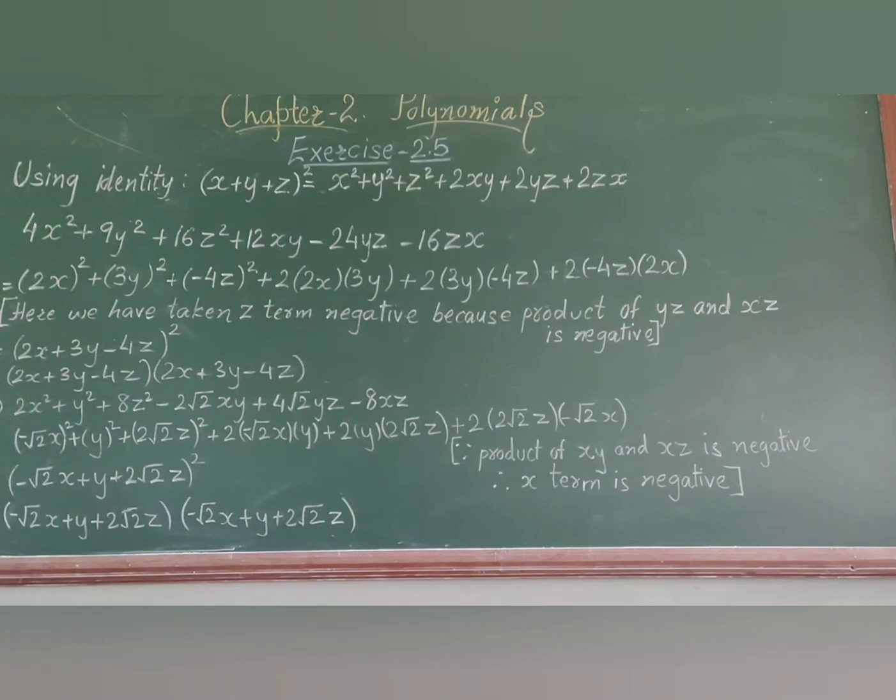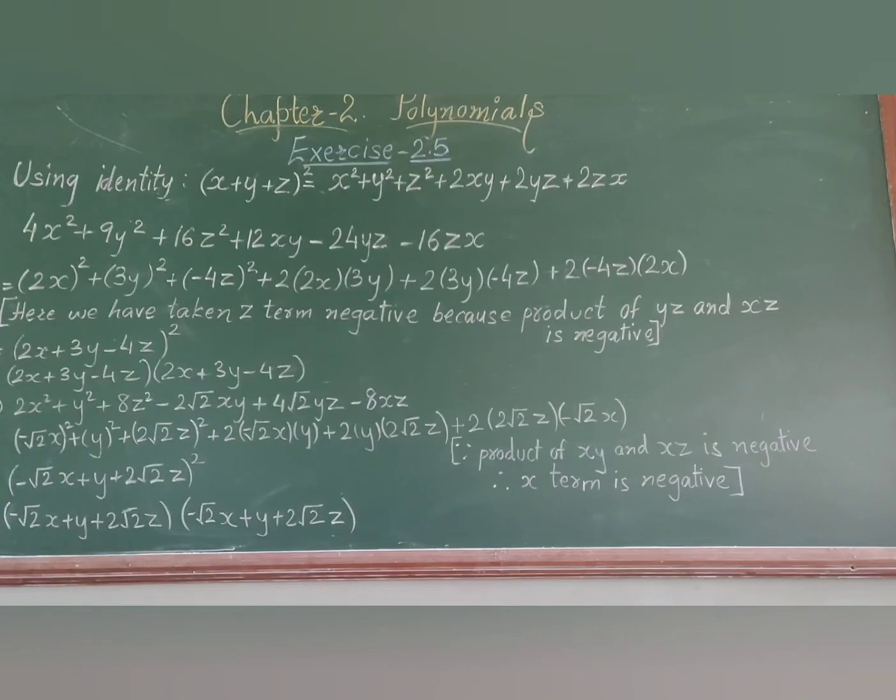Question number 2: 2x square plus y square plus 8z square minus 2 under root 2 xy plus 4 under root 2 yz minus 8xz. Again you can see that the fourth and the last term, the products xy and xz, are negative.